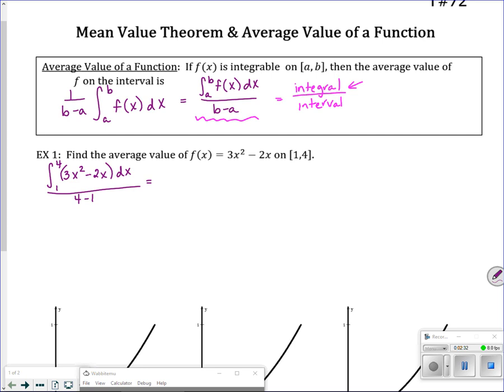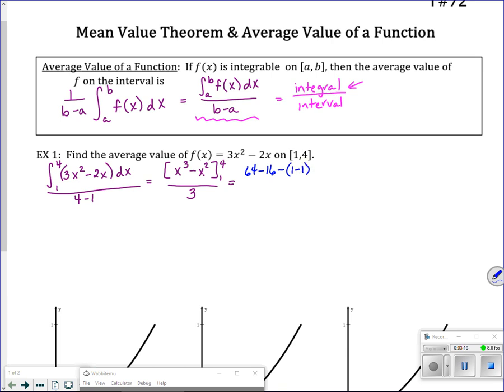Now we talked yesterday about how you're going to evaluate that integral. You're going to take the antiderivative, so that would be x cubed minus x squared. It's not too bad. From 1 to 4. And obviously I'm going to divide by the 3. That's the interval part. So if I plug in 4, that'd be 64 minus 16, then minus, in parentheses, if I plug in 1, that's 1 minus 1.